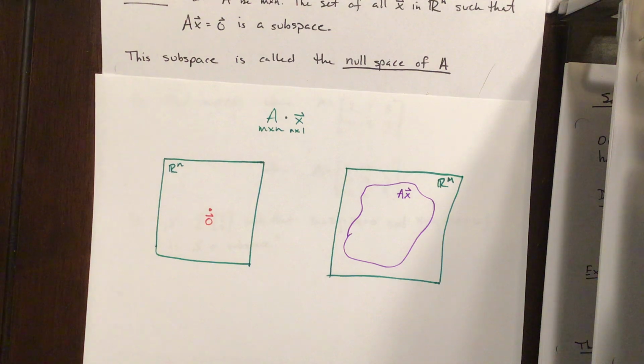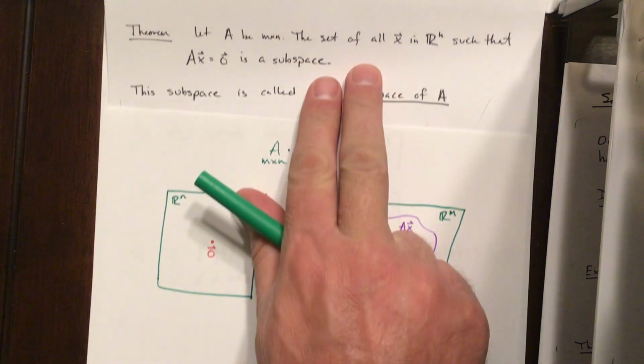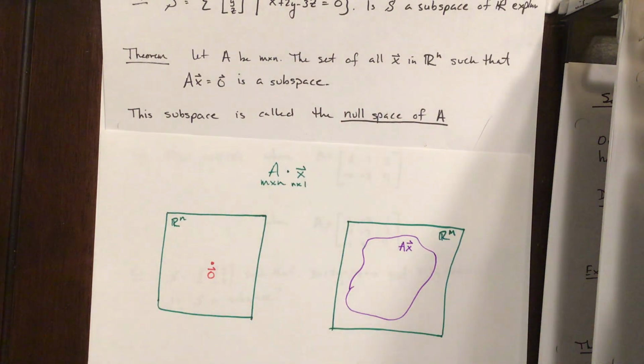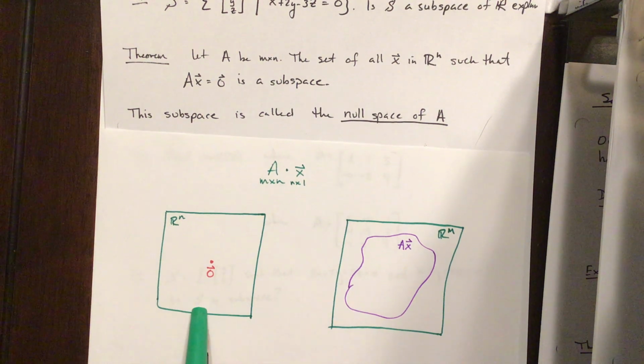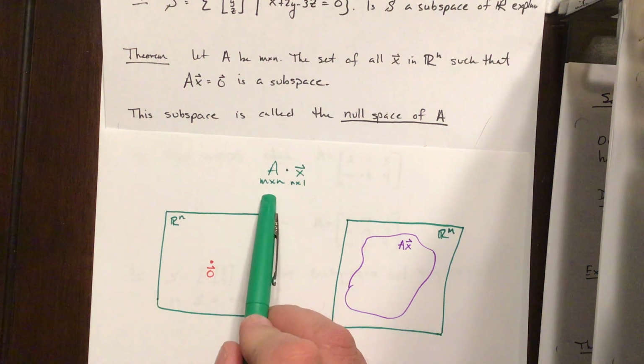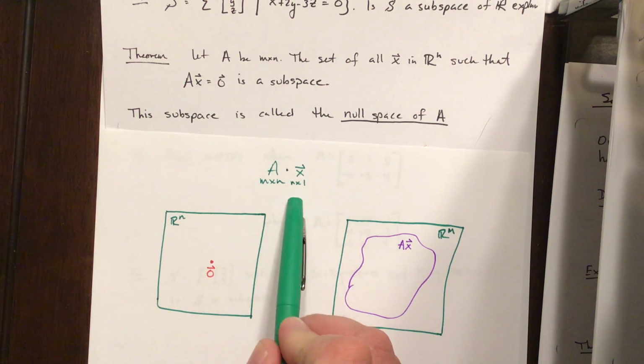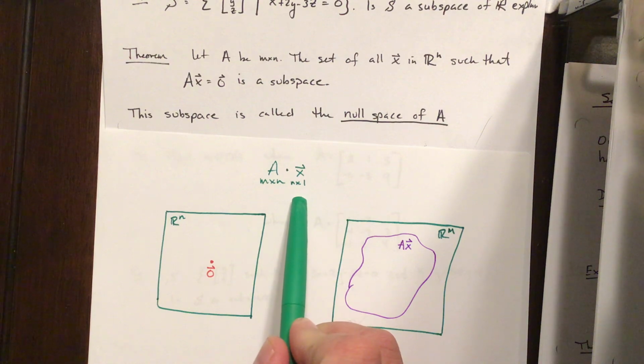A is an m by n matrix, as said in the statement of the theorem, and we're multiplying the matrix A by a vector in Rn. So you want to think of this as the domain. Now, when you have an m by n matrix times an n by 1 vector, what are you going to get out?